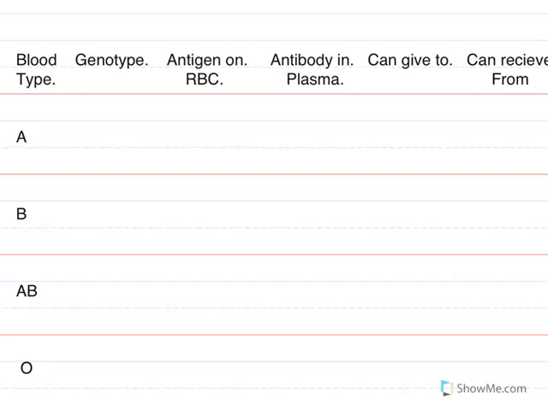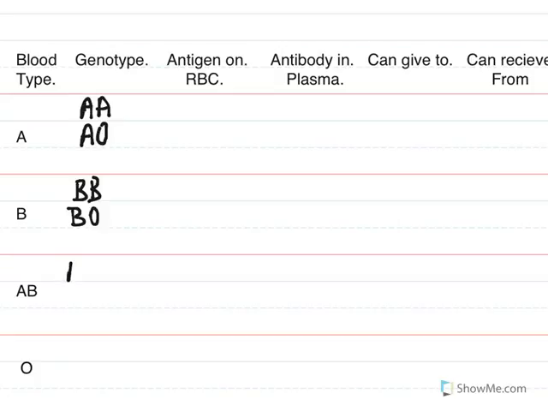For blood type A, a person could be homozygous dominant or heterozygous, having the dominant A and the recessive O. For blood type B, the same thing. A person could be homozygous dominant or heterozygous. Now, AB is a special situation.